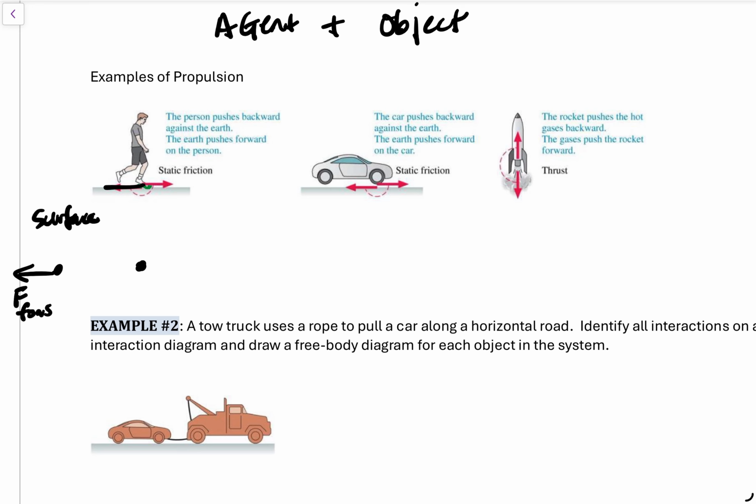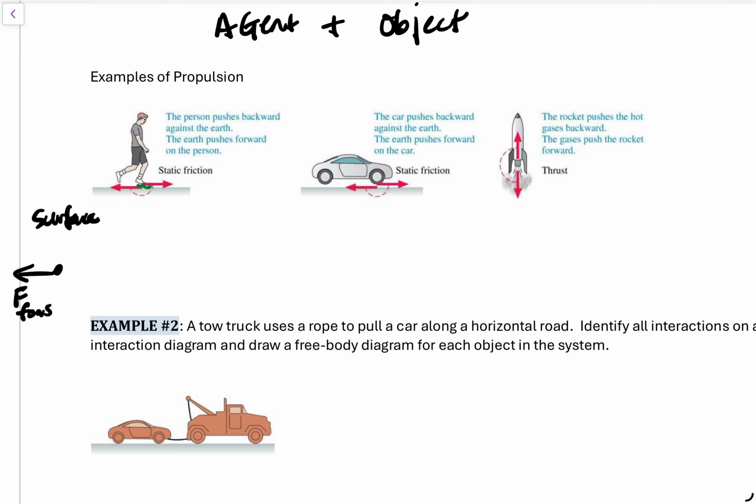A couple of ways you can think about it. I always like to think about it as if there was no friction there, the foot would be sliding back against the surface, right? There would be slippage and the foot would slide this way. So the friction is preventing that foot from sliding. The friction that's preventing that sliding to the left has to be a friction force pointing to the right.